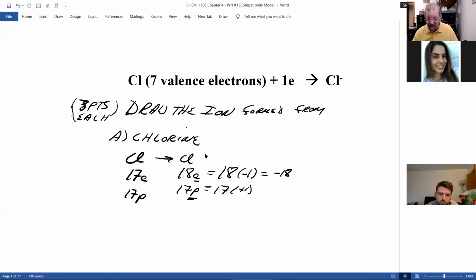I already made one mistake today. -1 times 18 is -18. +1 times 17 is +17. If I add them together, what do you get? You get a -1. How do you show when the charge is -1? The chemical symbol and then a minus sign. And chlorine forms what's called the chloride ion.